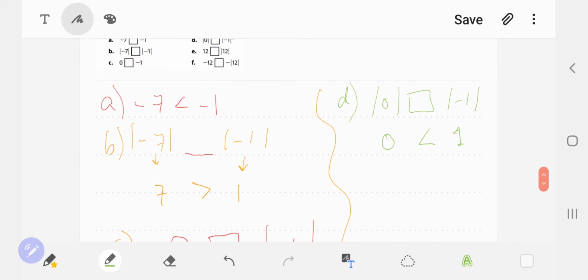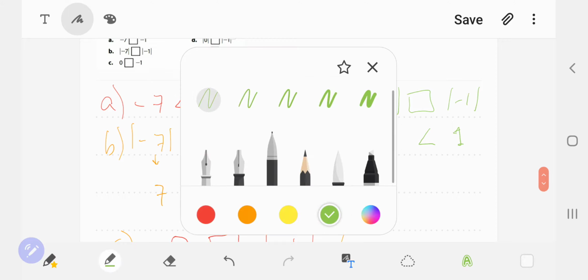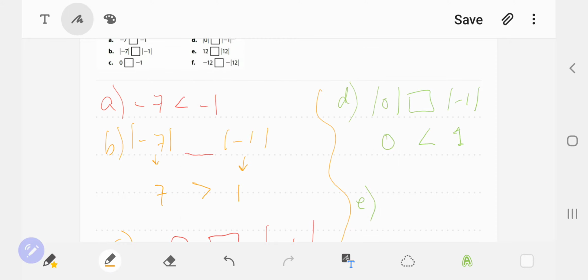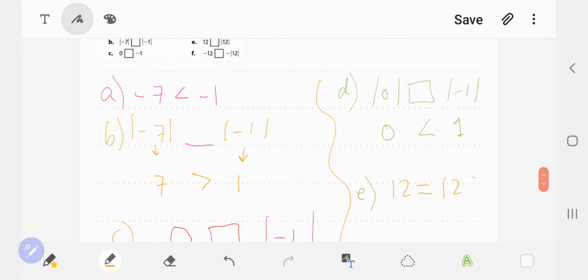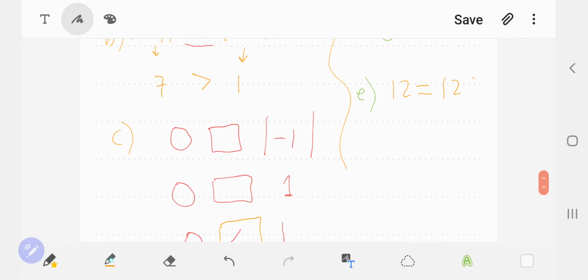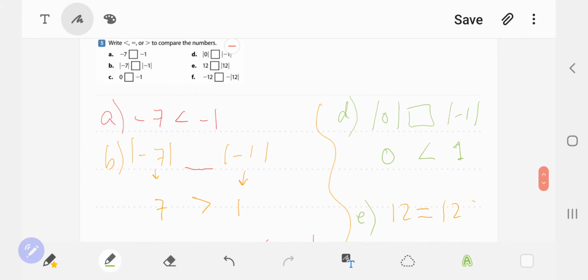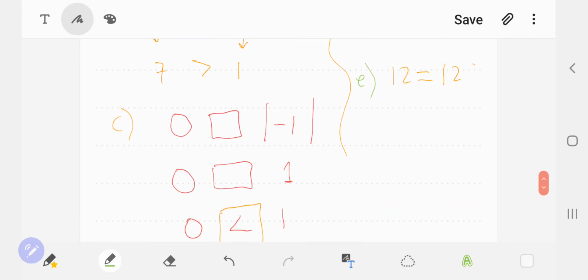Okay, letter E. Compare the absolute value of 12 with 12, they are equal, the same. And letter F, what do you have? Okay, letter F, that's tricky.